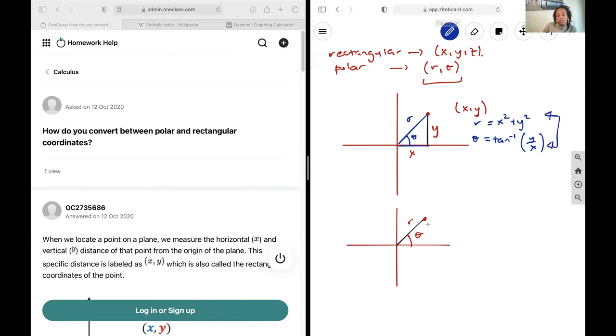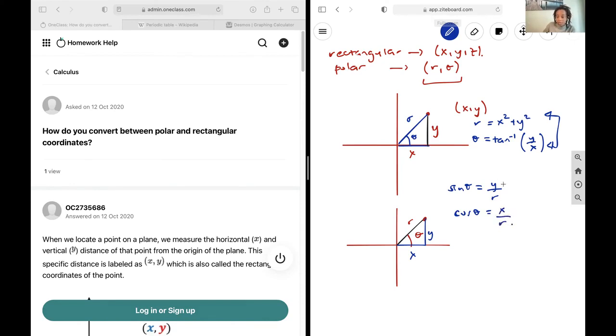Now I need to figure out how I can get rectangular coordinates from polar coordinates. And so again, just draw out your right angle triangle. And from this, if I use SOHCAHTOA, that means that sine of theta would be opposite over the hypotenuse, so that would be y over r, and cos of theta would be adjacent over the hypotenuse, and so that's going to be x over r.